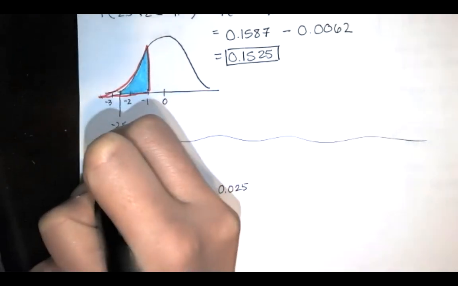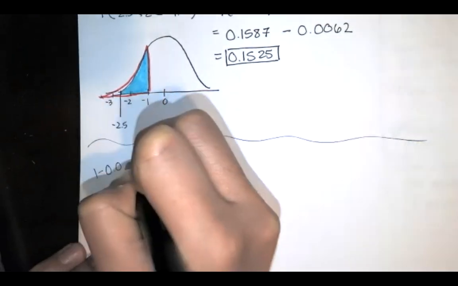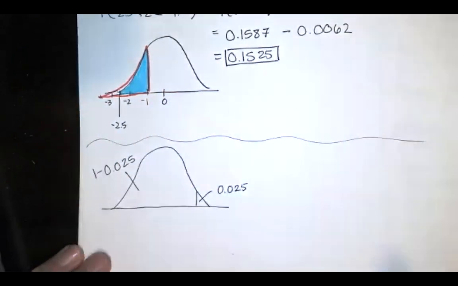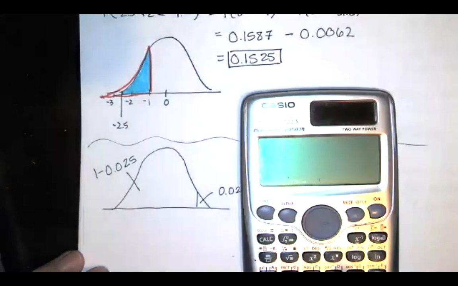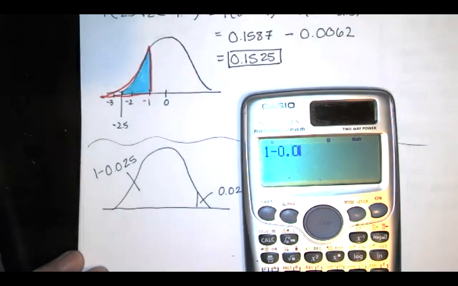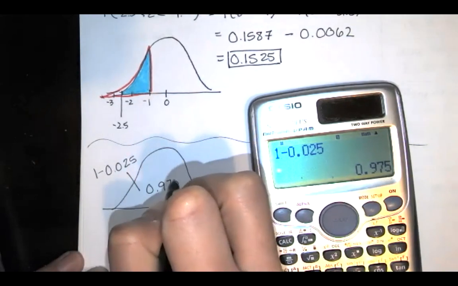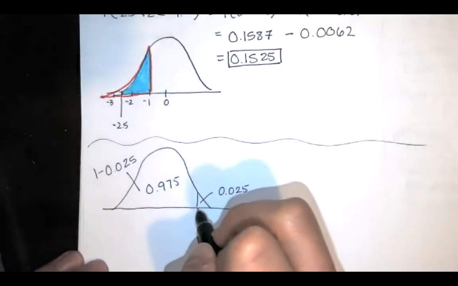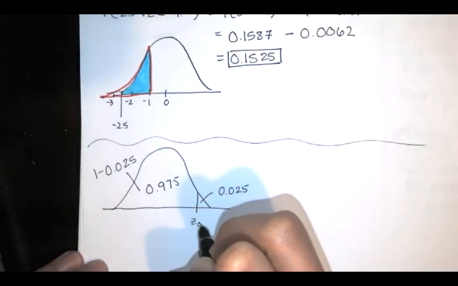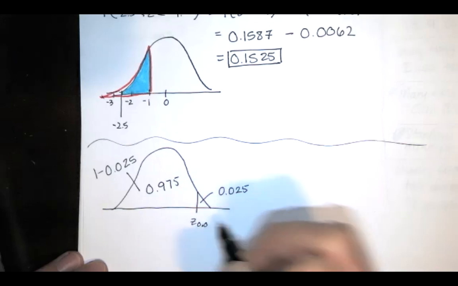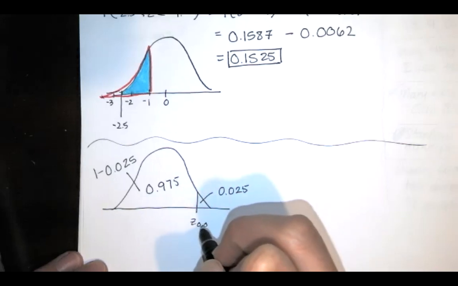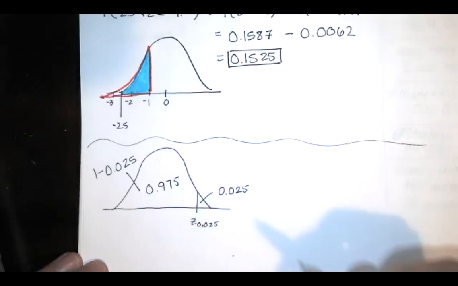And this area is going to be 1 minus 0.025, which gives us 0.975. This z-score is defined to be that critical value, z sub 0.025.